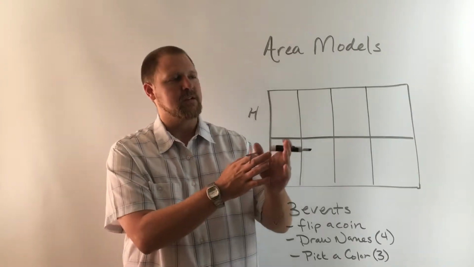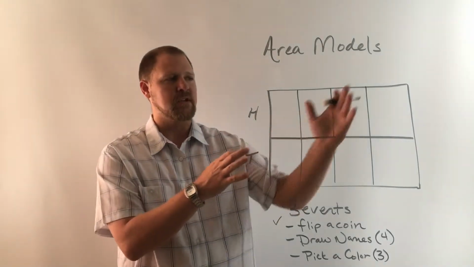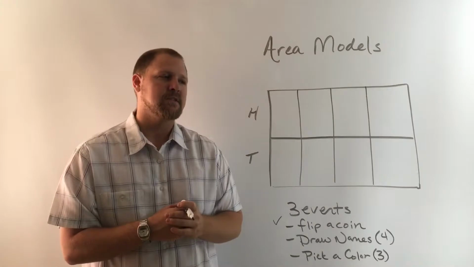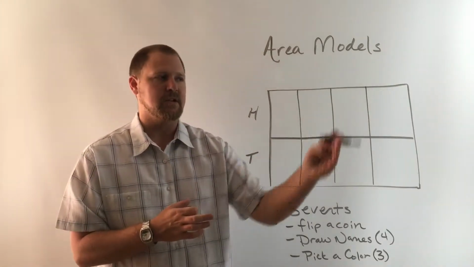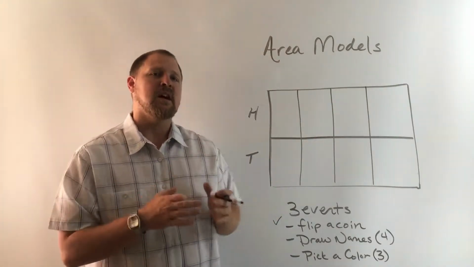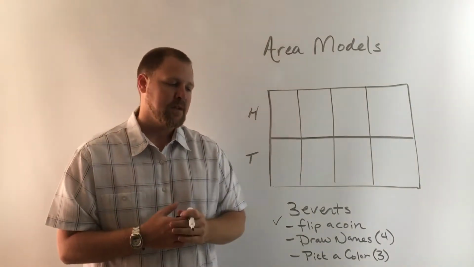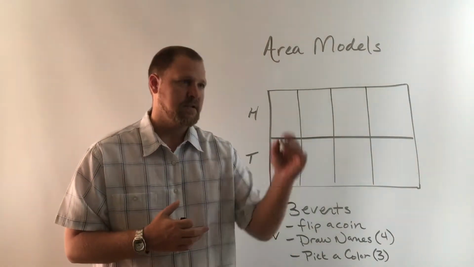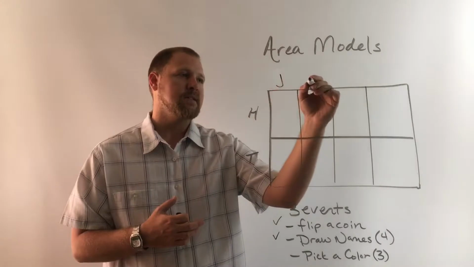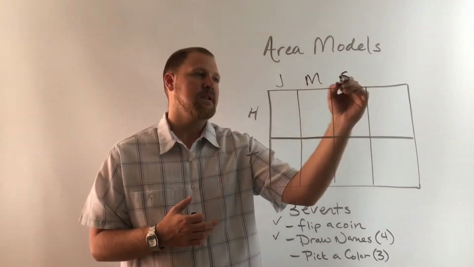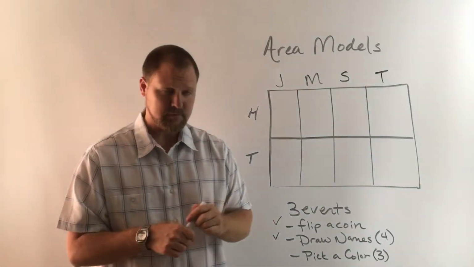However, we're going to conceptualize this to be 4 equal divisions of this rectangle, and notice those divisions went vertically. So the second event went the opposite direction of the first event, and then those names, let's just say one name has a J, an M, an S, and a T.